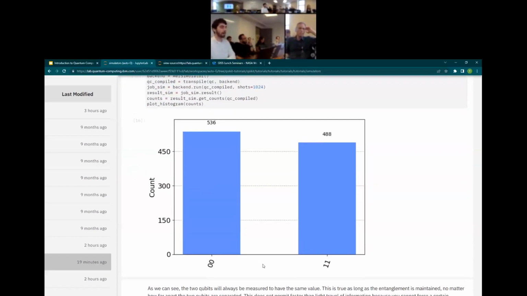But the reason why this matters so much is that, let's say I create an entangled pair of qubits and I give one to a friend of mine, and then we live across the country from each other. If I measure my qubit, instantly, my friend's qubit will also be determined to be in state 0, even though we are spread across vast distances.